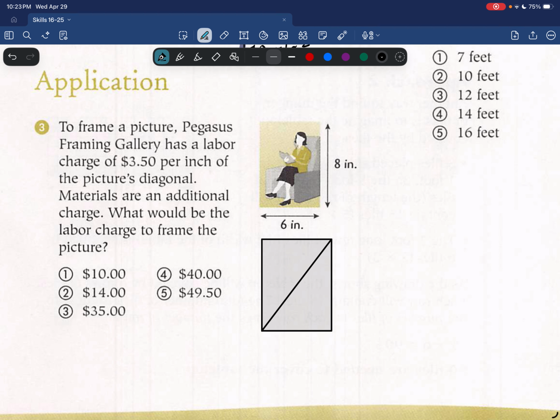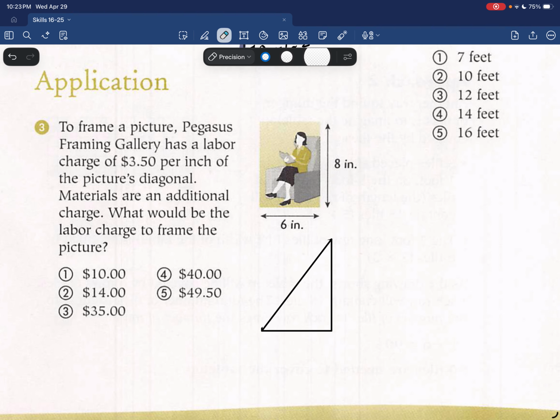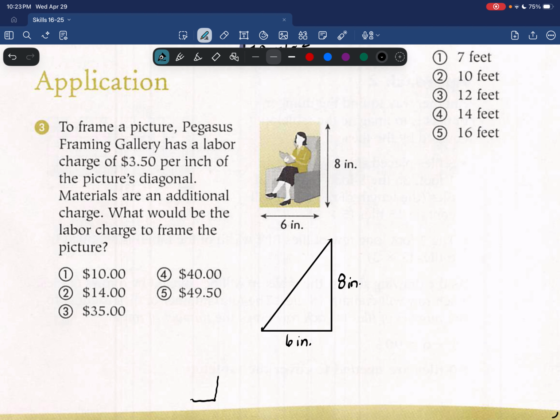All right. Essentially, we're looking at a right triangle. And we know that this is 8 inches, and we know that this is 6 inches. Now, if in the back of my mind I remember this little baby triangle, that is 3, 4, 5.